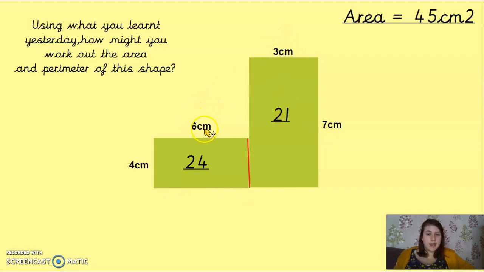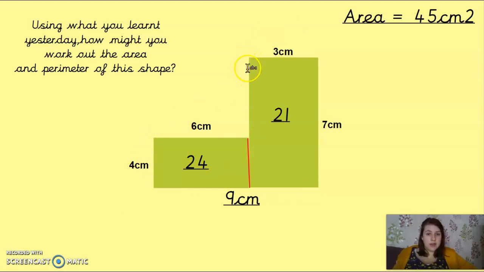So I'm going to add 6, add 3, and that is going to give me 9 centimeters, and that is the whole length of this bottom line at the bottom, because I know it's the same as 6 and 3.